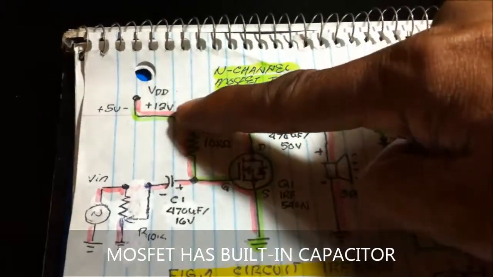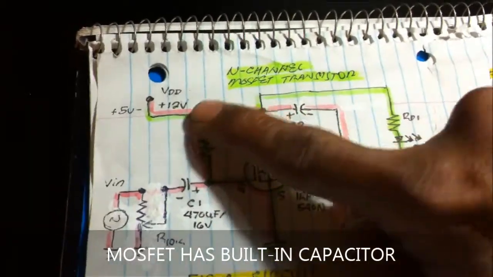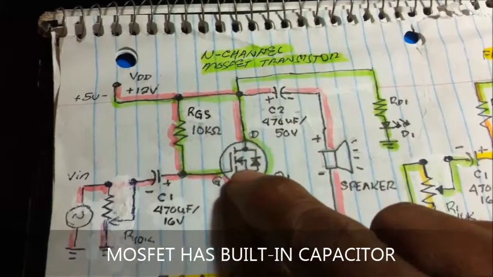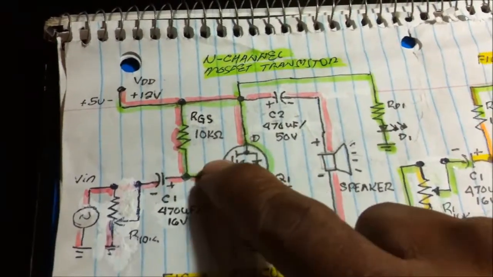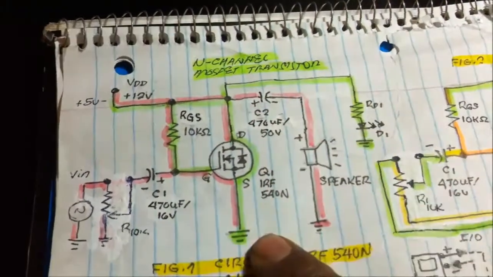Once you apply a voltage of 12 volts, if that is your voltage supply, the Mosfet will turn on, opening the gate, making the current to flow from drain to source.